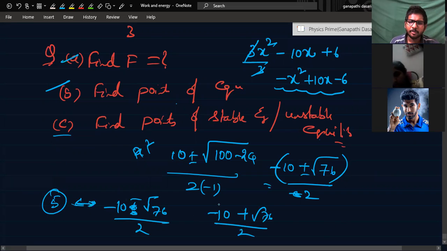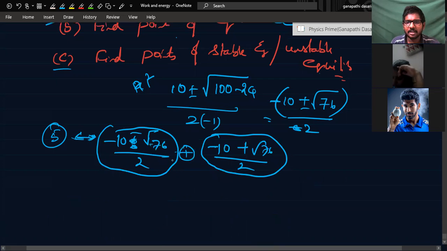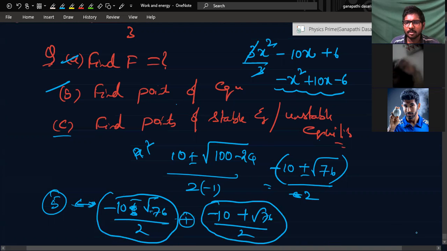So what do we need to do? Varun, are you understanding? So these two roots have come. You have to substitute these two roots in the double derivative. Minus 4x plus 10 is the answer.